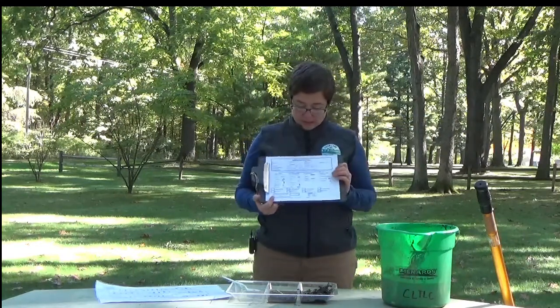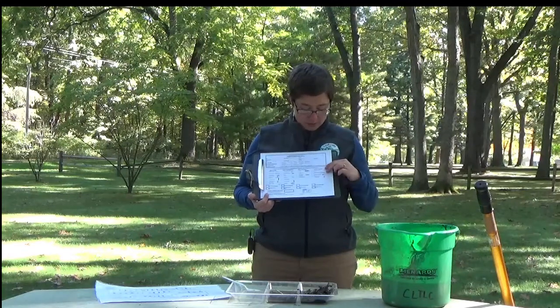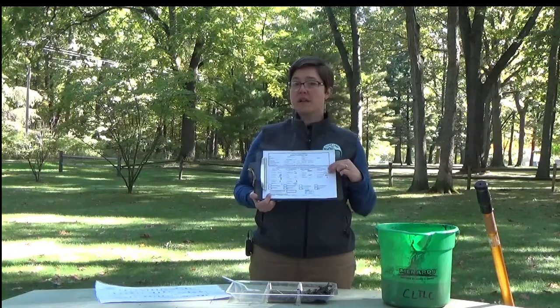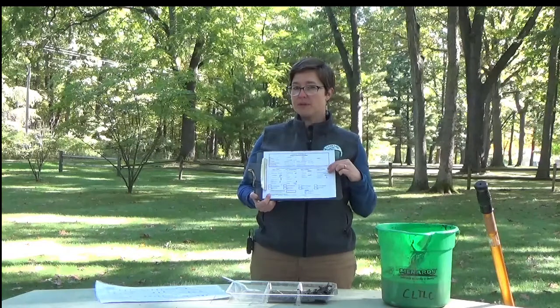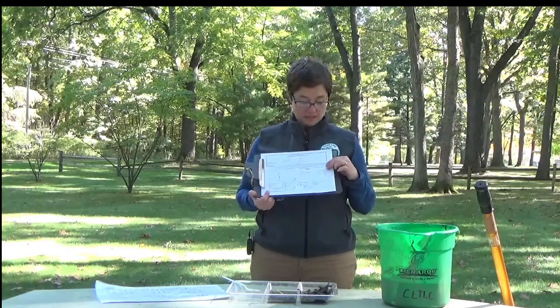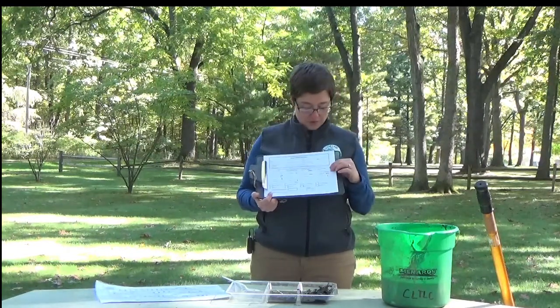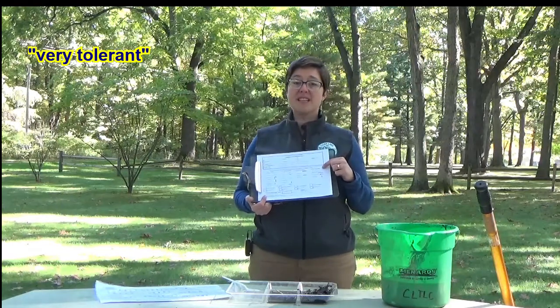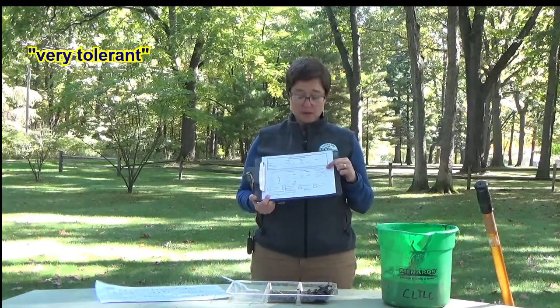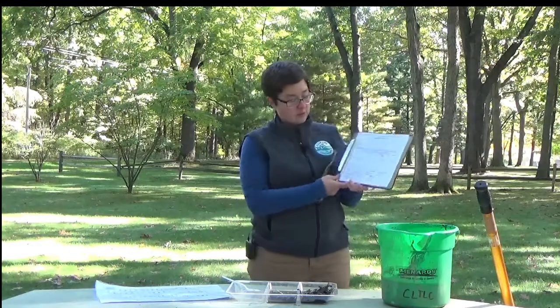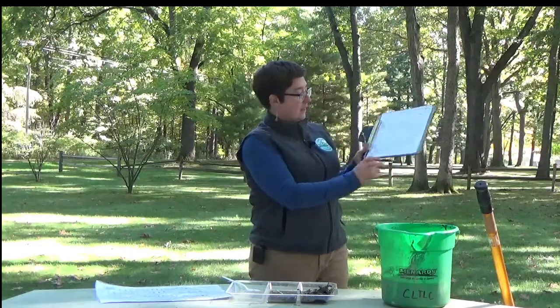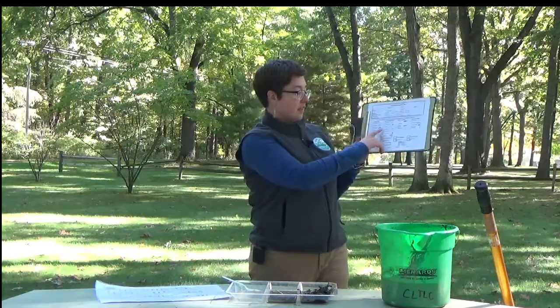So, do you think that if we find bugs only in very tolerant, the water is healthy or possibly polluted? Did you say possibly polluted? You're right. Very tolerant means that they can live in very polluted waters. So today we found a dragonfly larva, and if we look on our data sheet, that is in group 2.